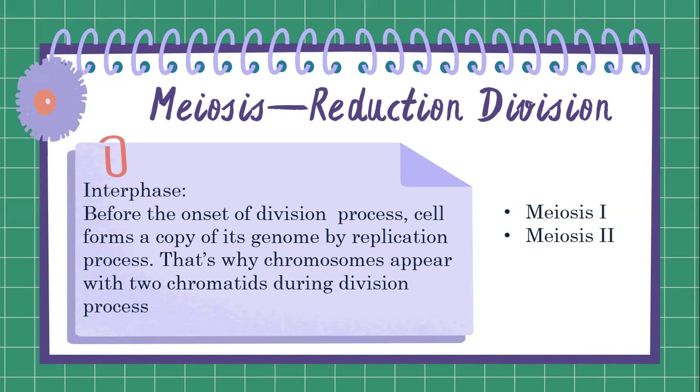For example, if a human being has 46, it would become 92. It is also going to replicate organelles which are important in cell division, like centrioles. So they are going to double in interphase. Interphase is very important, by the way, for the M phase to run.